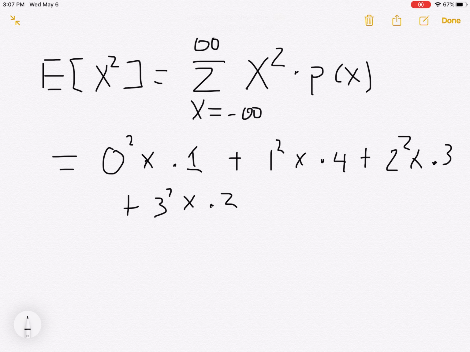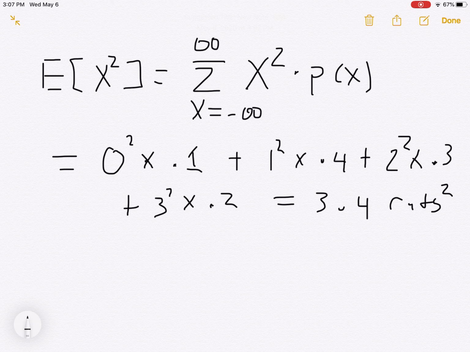When we do that calculation, we get 3.4. And because this is 0 cats squared, 1 cat squared, 2 cats squared, our units are cats squared.